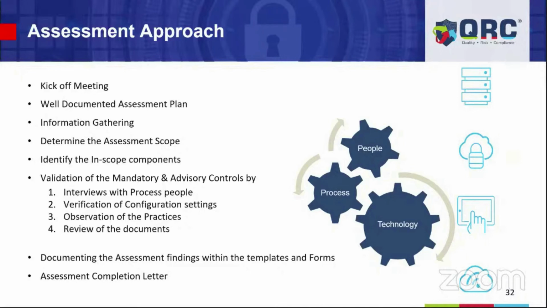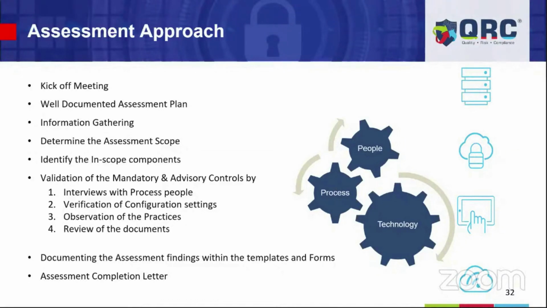Then, from the applicability point of view, there are mandatory and advisory controls, as we discussed already. There are 31 controls; some are mandatory, some are advisory. Once we have decided that, you should validate these controls.